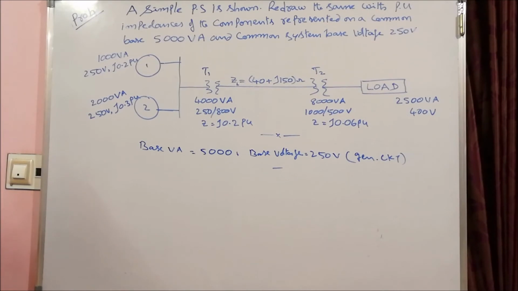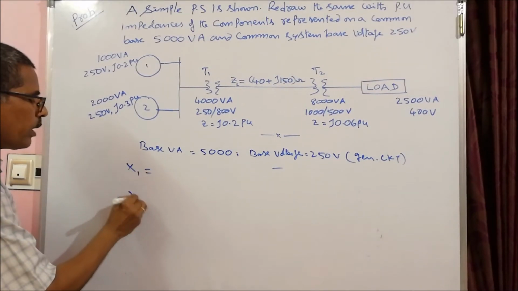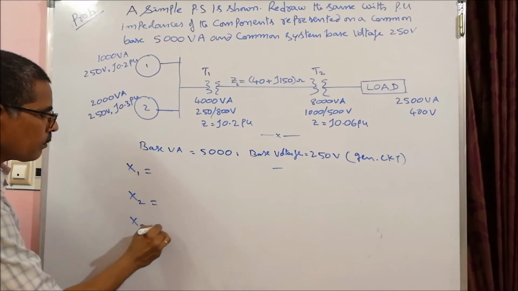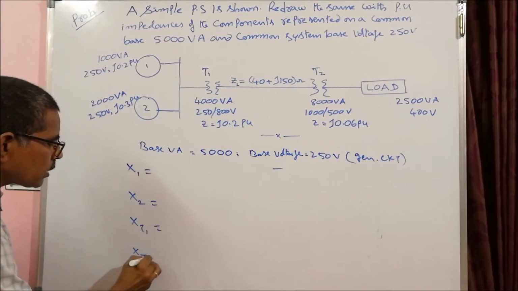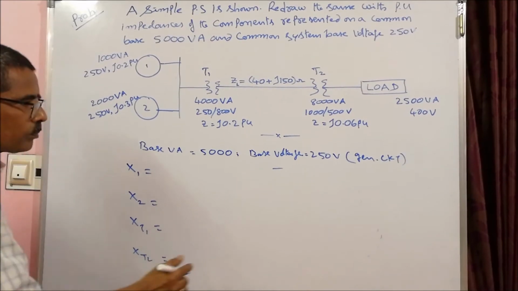I am quickly writing for machine 1: X1, likewise X2, XT1, XTL, XT2.